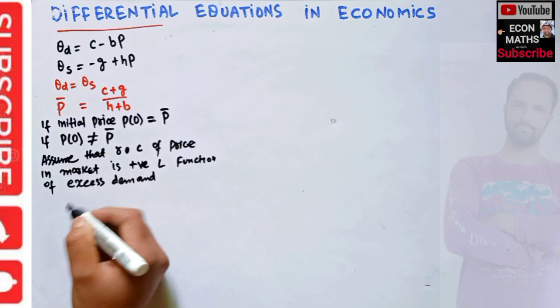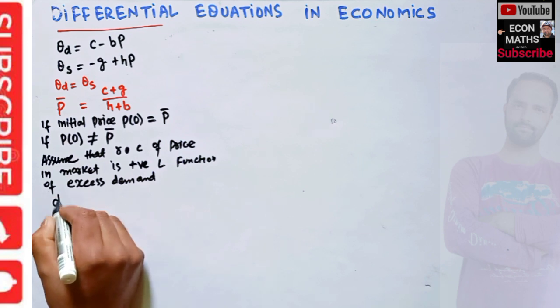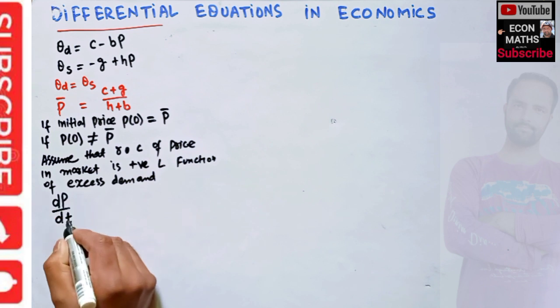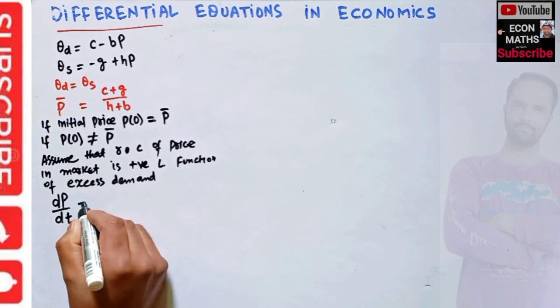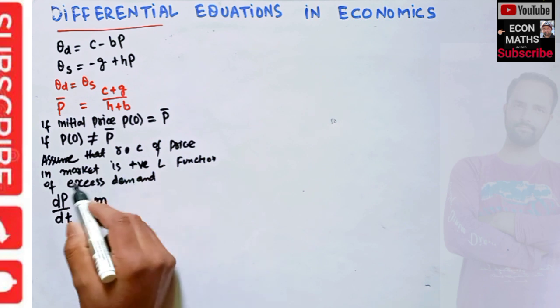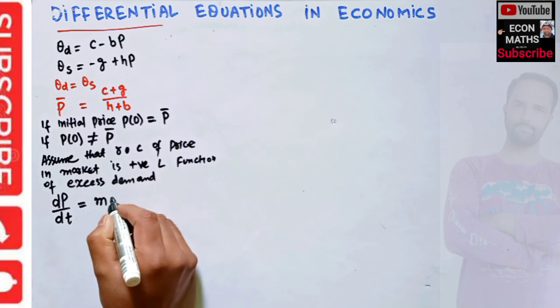Mathematically it can be written as dp upon dt, that means the rate of change of price over time, is a positive function. Let us denote m as any constant. It is a positive function of excess demand.